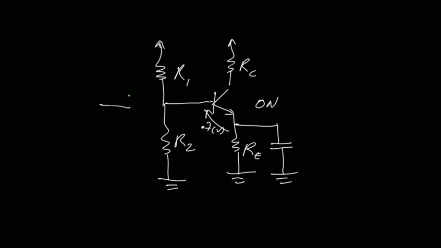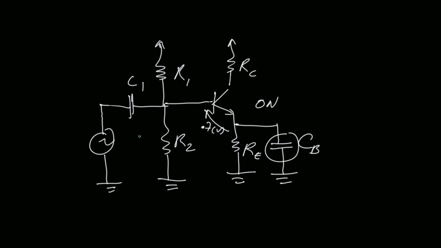Now, typically we apply the signal through a capacitor. This one is a bypass capacitor, which I'm going to call CB, and this is a coupling capacitor, which I'm going to call C1. Here's my AC signal that I'm applying at the input, which we're going to call VIN.